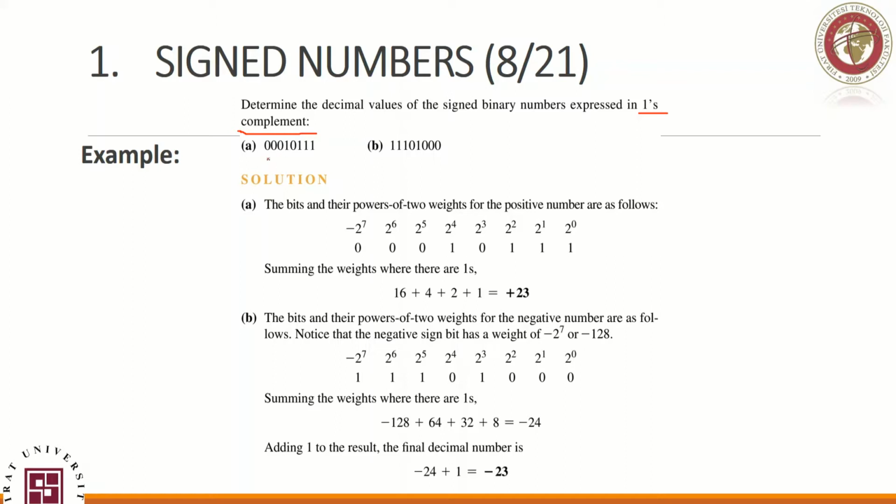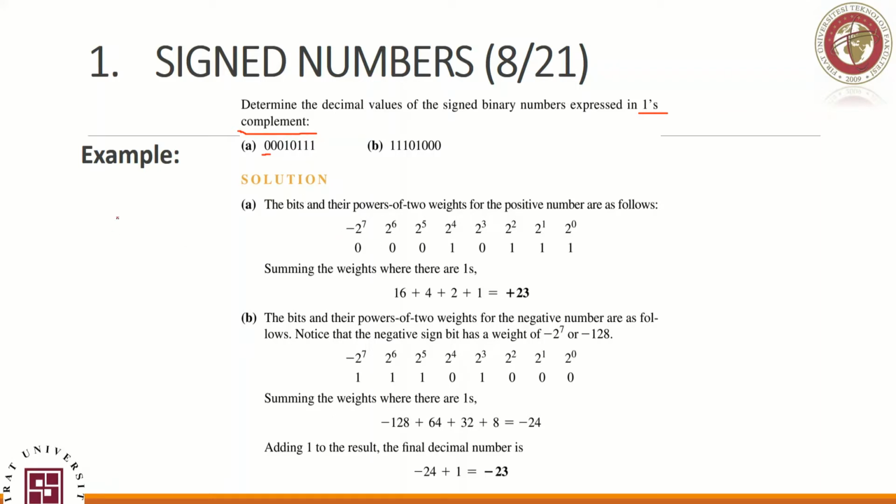Look at this. This has the weight of minus 2 to power 7. How do we know 7? Go through the weights. Minus 2 to power 7, but this is minus because it's the sign bit and it is in 1's complement. The rest: 2 to power 6, 2 to power 5, 4, 3, 2, 1, 0.